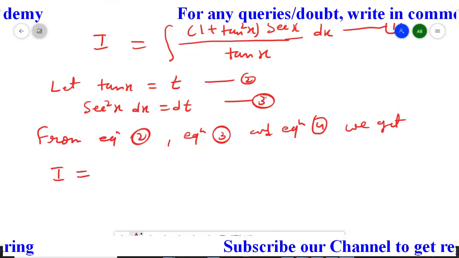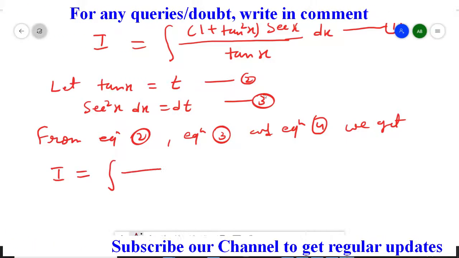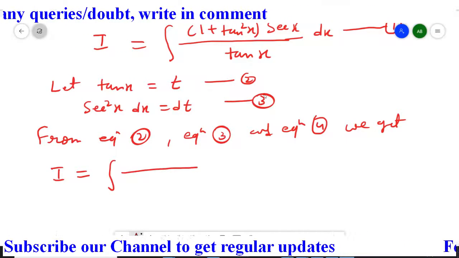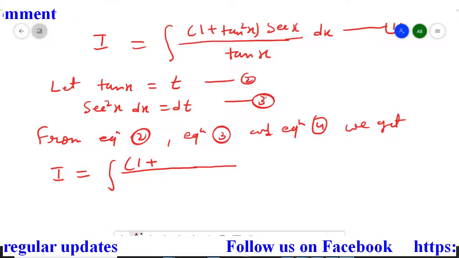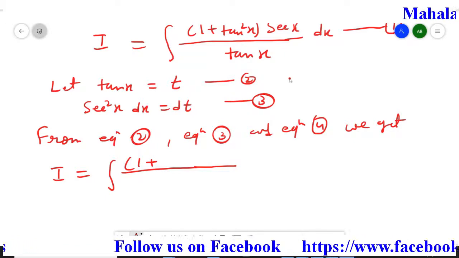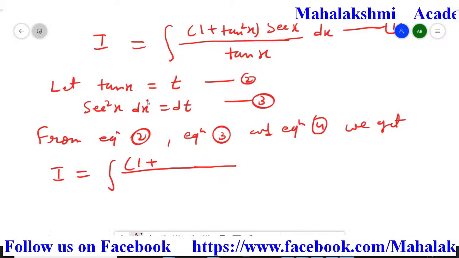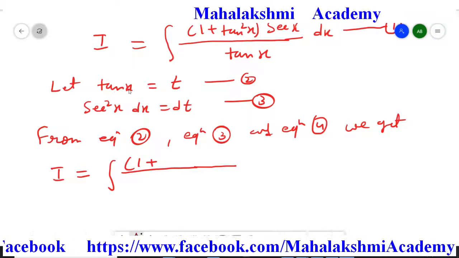I is equal to integration of, now in the bracket we have 1 plus tan square x. Here what we have? Tan square x. So instead of tan square x, what is the value of tan x? t.